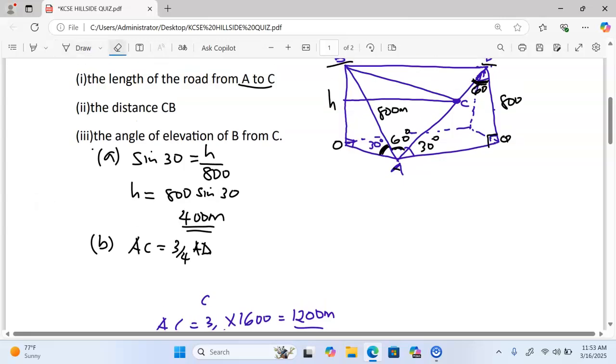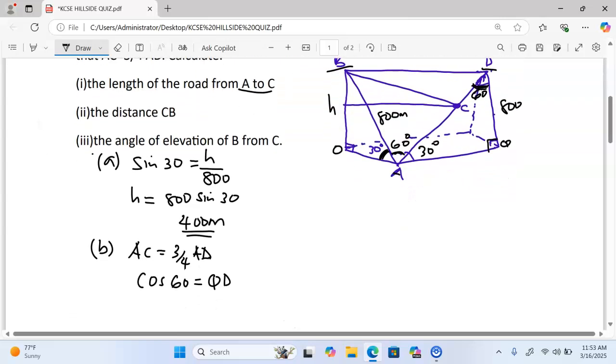We are going to use the cosine of an angle, that is cos 60 is given by the adjacent, which is QD, divided by the hypotenuse, which is AD.